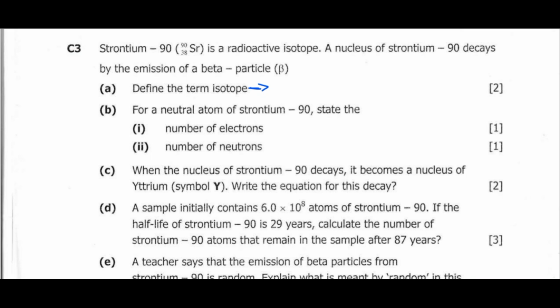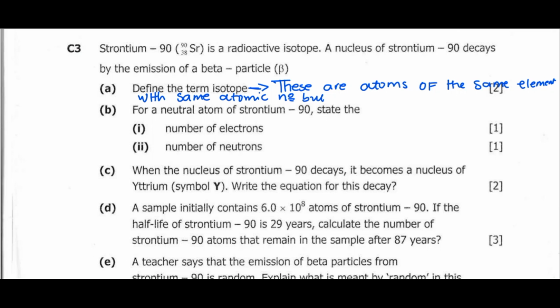Now, for you to have the actual definition, we'll say an isotope: these are atoms of the same element with the same atomic number but different number of neutrons.